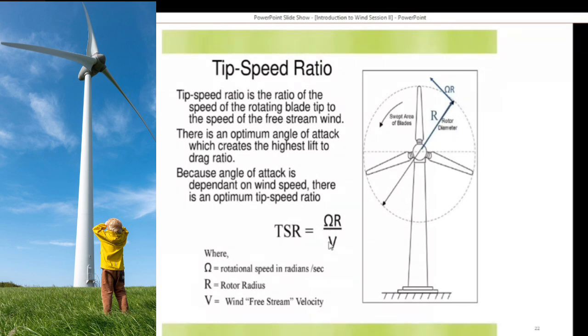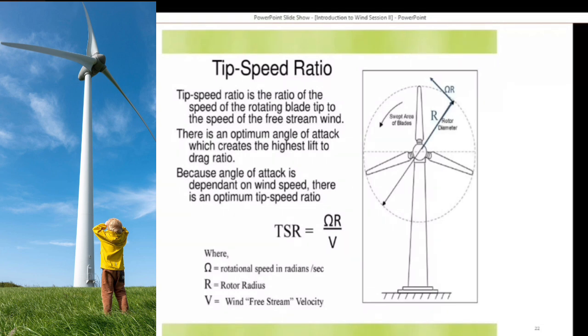The rotational speed is the number of rotations; if in 1 minute you cover like 50 rotations, it increases the frequency.